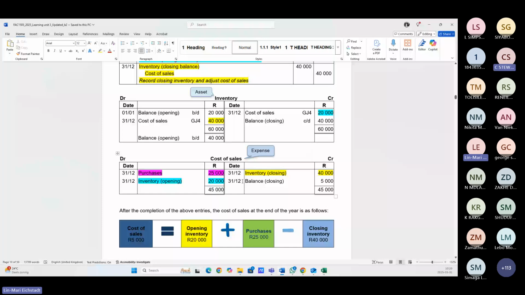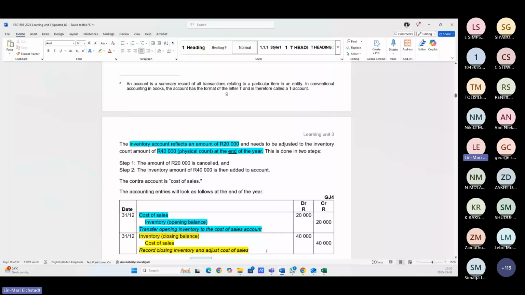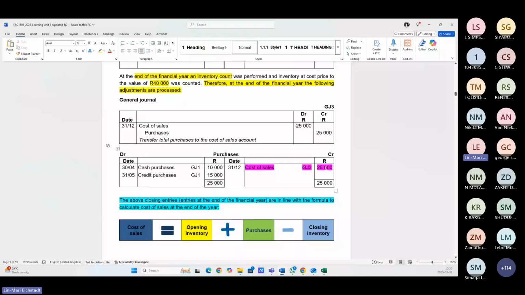Which they've broken down very nicely in the study guide to show you that your cost of sales, in a periodic inventory system, is always equal to your opening inventory plus your purchases, which is the 25,000 coming from your purchases account. So this isn't your cost of sales being 25,000.